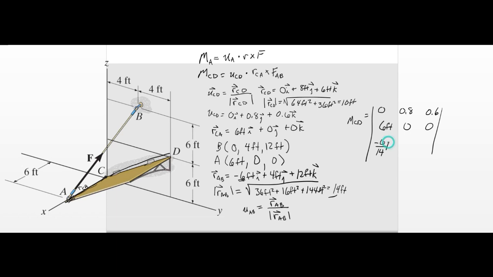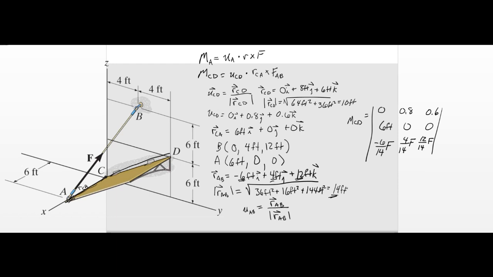And we're going to have to multiply this by the force magnitude, but we don't know what that is, so we'll just leave it as F here. And then in this next one, 4 divided by 14 times F. The last one is 12 divided by 14 times F.